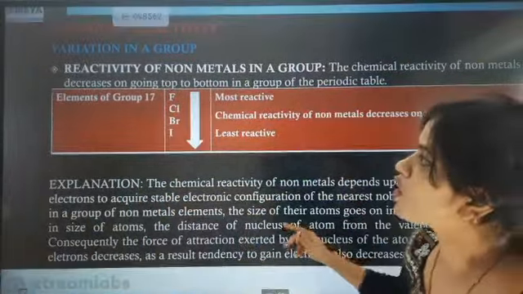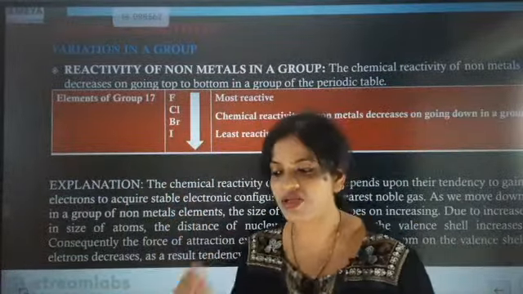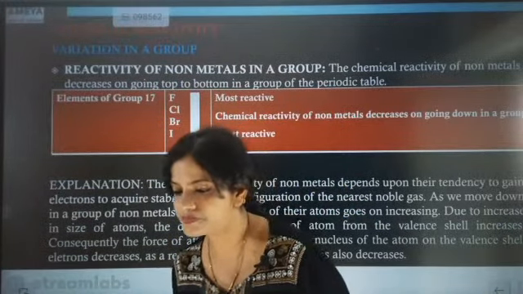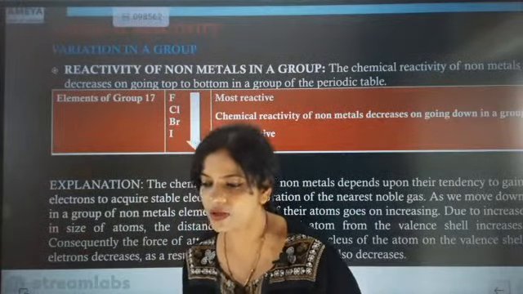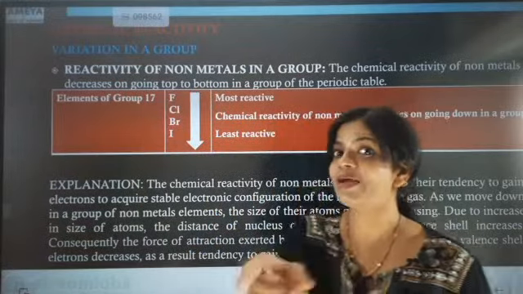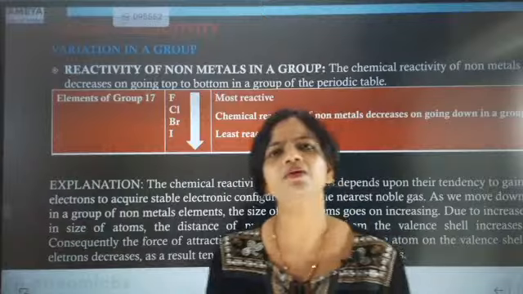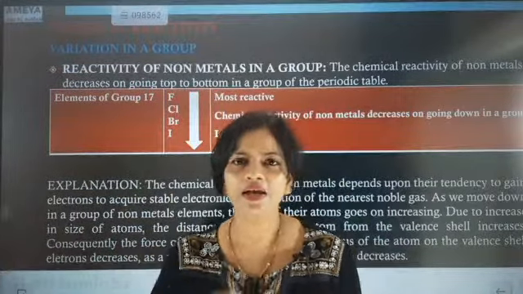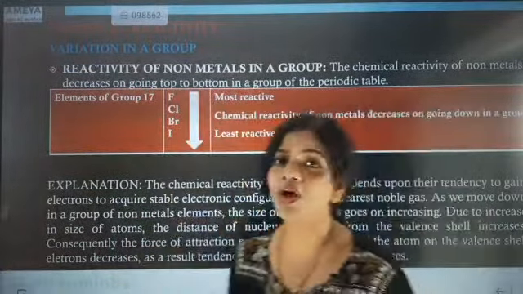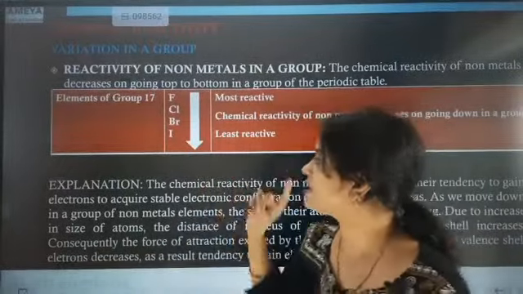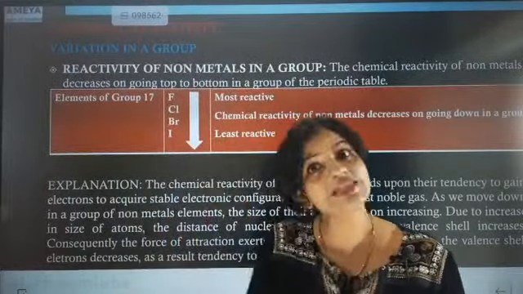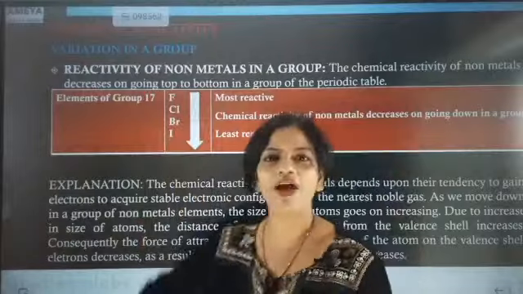Now we are going to talk about electronegative elements. Now look here, electronegative elements behave differently. Here they are needing electron. You have to understand that chemical reactivity decreases down the group for the halogen family.